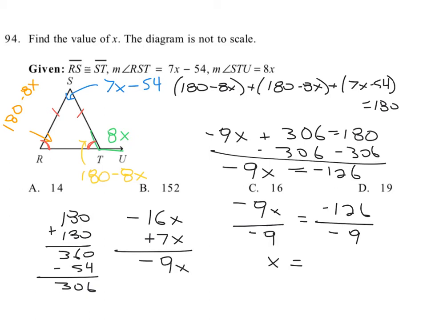Actually, I'm going to make it in different colors so you can see it easy. 126 divided by 9. 9 goes into 12 once. That's 3. Bring down the 6. 9 goes into 36 4 times. 9 times 4 is 36, so we get 36. Leaves you with 0. So that's x equals 14.